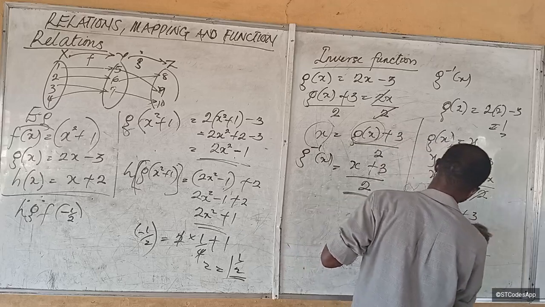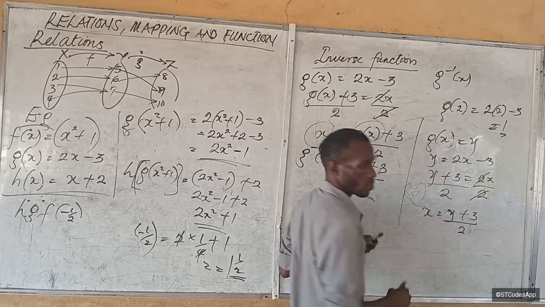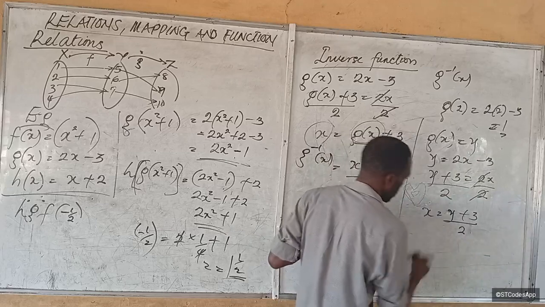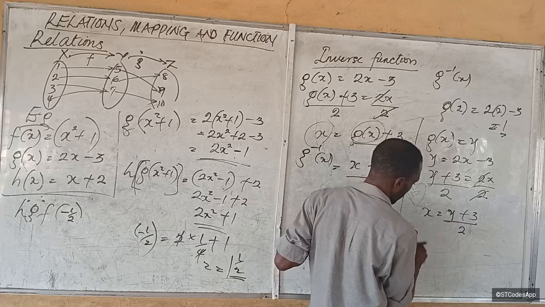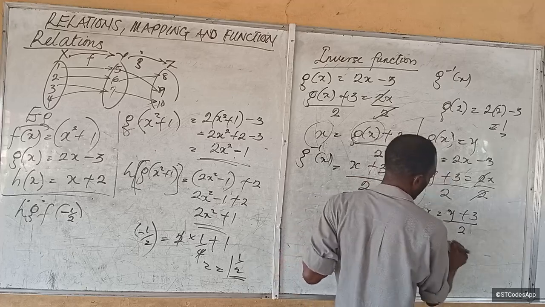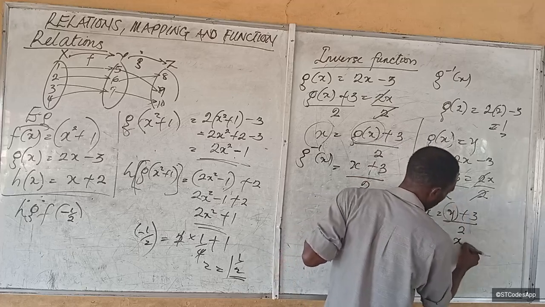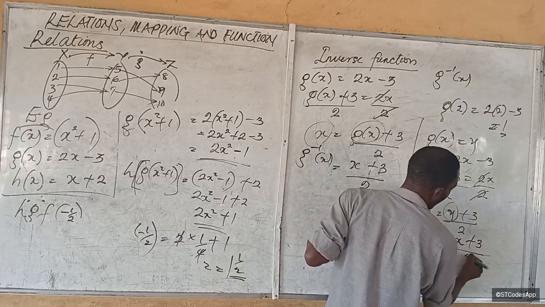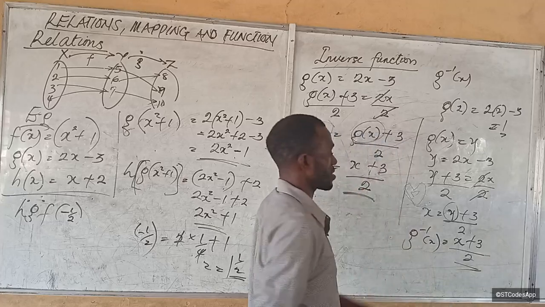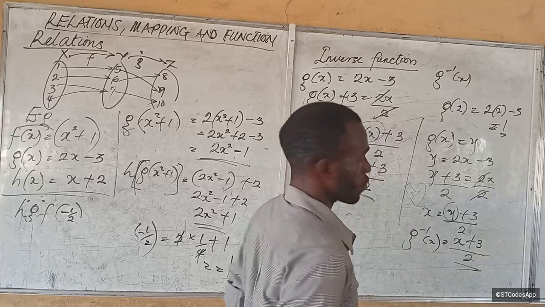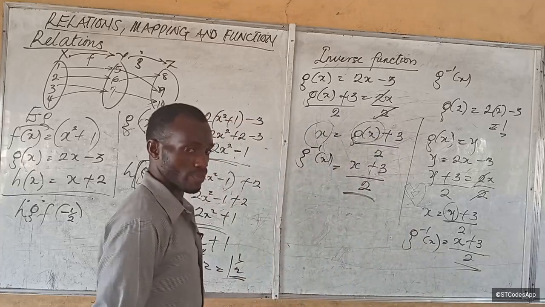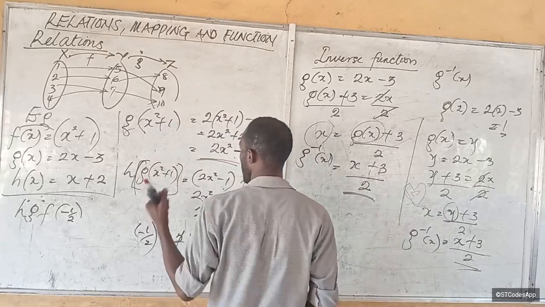Y plus 3 over 2. So what will now happen is this. This x will become the g inverse of x. But here, where you see y here, will now become what? X plus 3 over 2. So you see the idea is the same. Are we good?